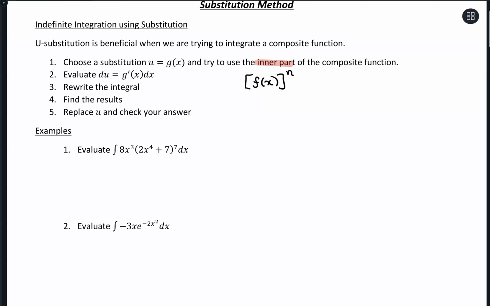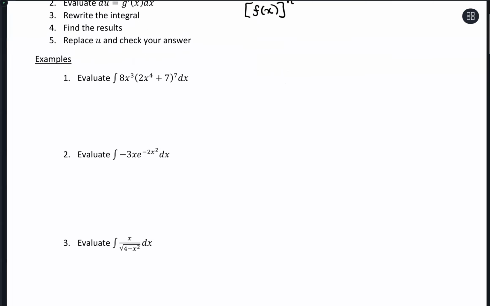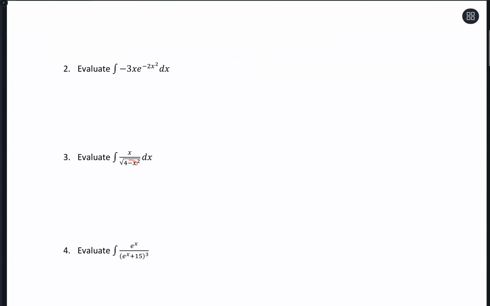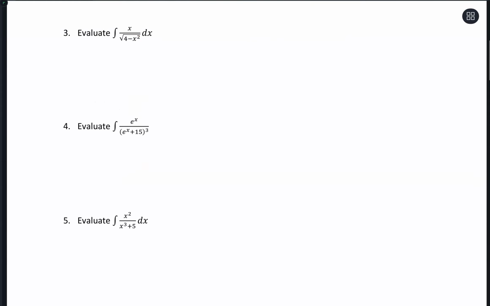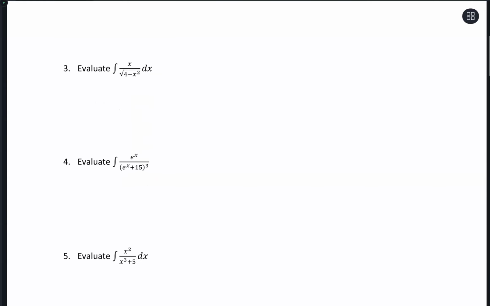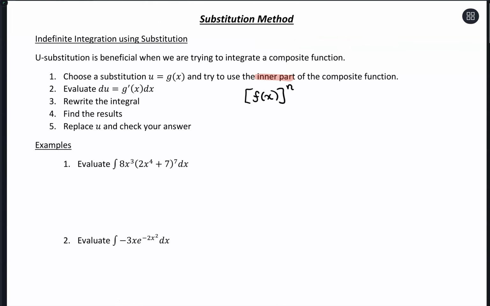Now it's not always under an exponent. Sometimes it can be within an exponent. It could be under a square root symbol. It could be in a denominator. We're going to look at all sorts of scenarios here. But what we want to relate as we do this is that we're going to have some variable u that we're going to evaluate and the derivative of u.